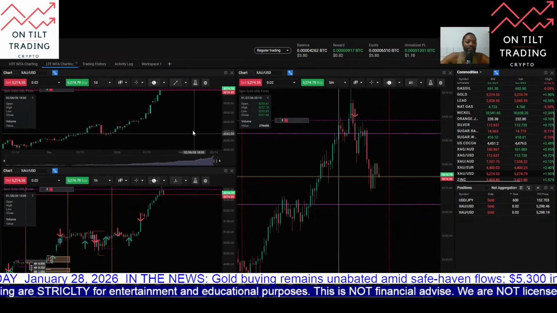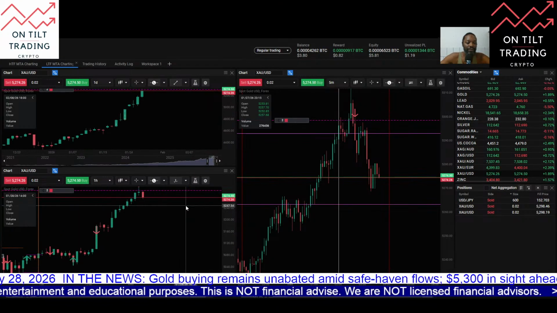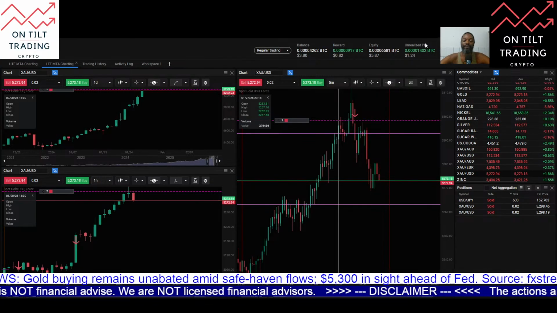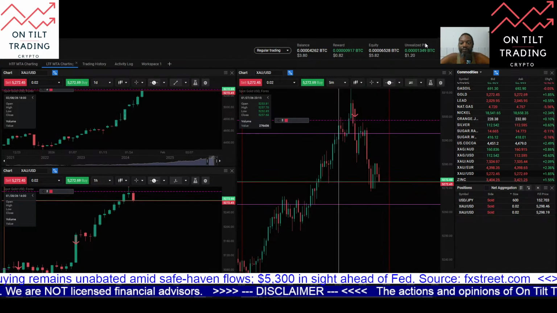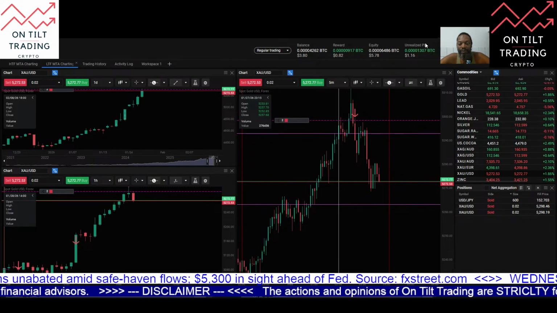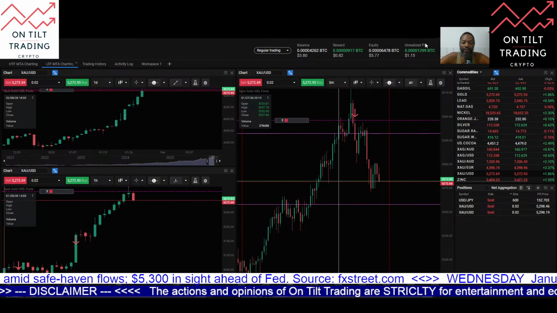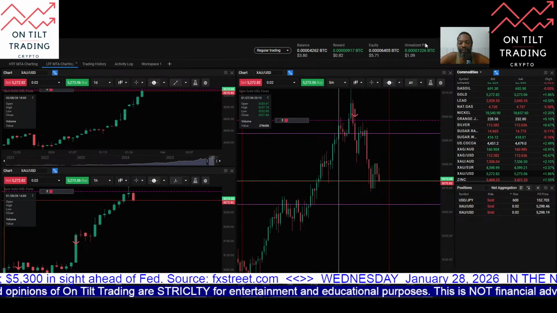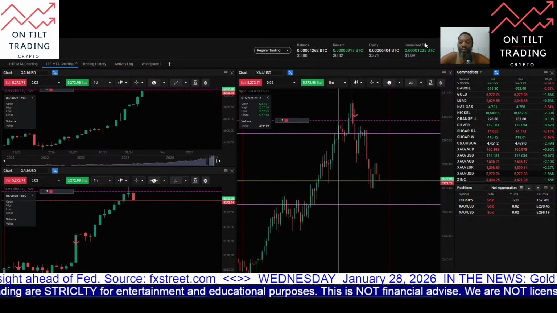Gold seems to have shifted price action back to the sell side here. Let's see if it is prepared to follow through and deliver to take profit here at the lower end of the range.